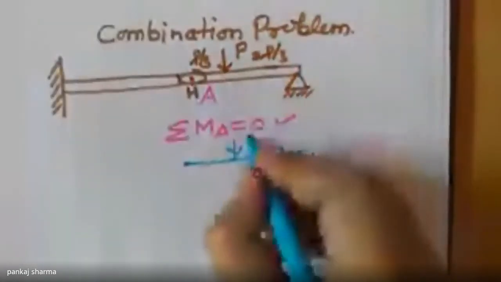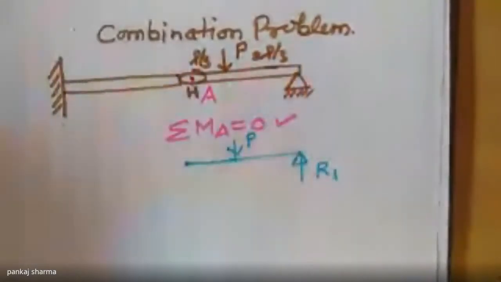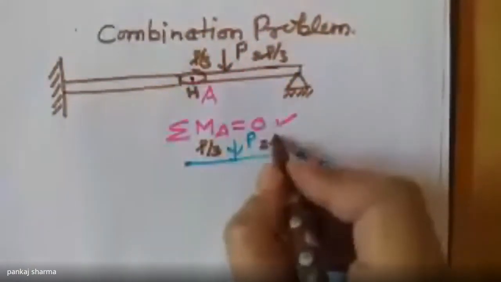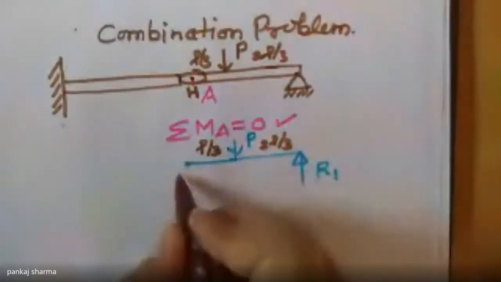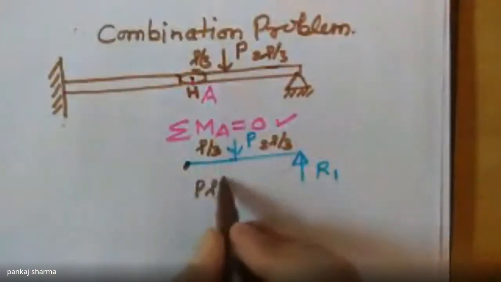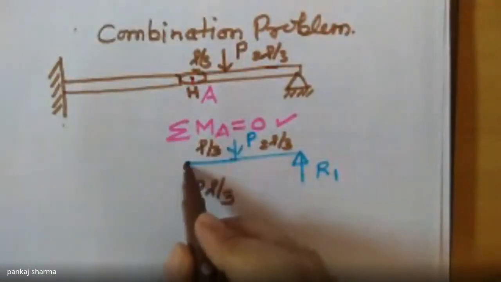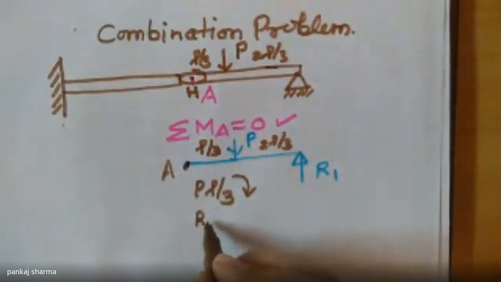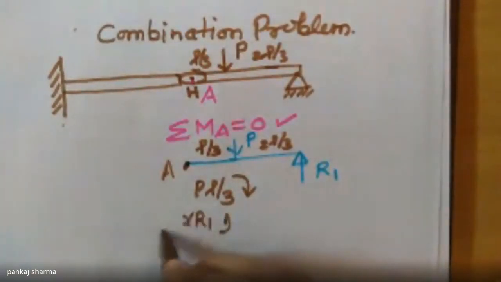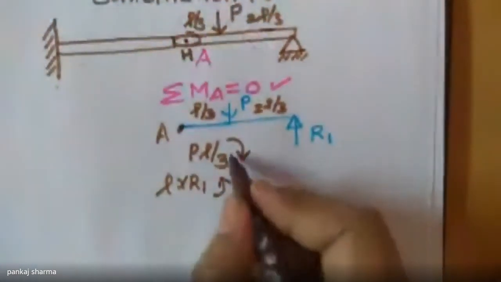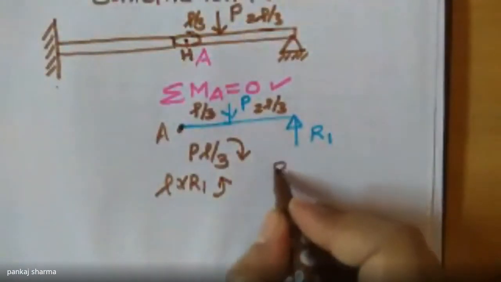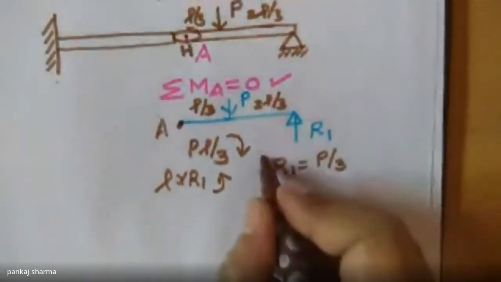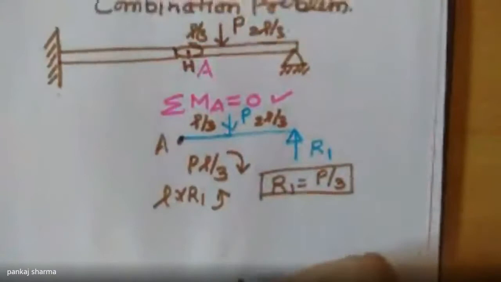Now we write the moment equation with respect to this point. The moment due to P is PL by 3 in the clockwise direction. The moment due to R1 is R1 times L in the anti-clockwise direction. So net clockwise moment equals net anti-clockwise moment, and R1 is nothing but P by 3.